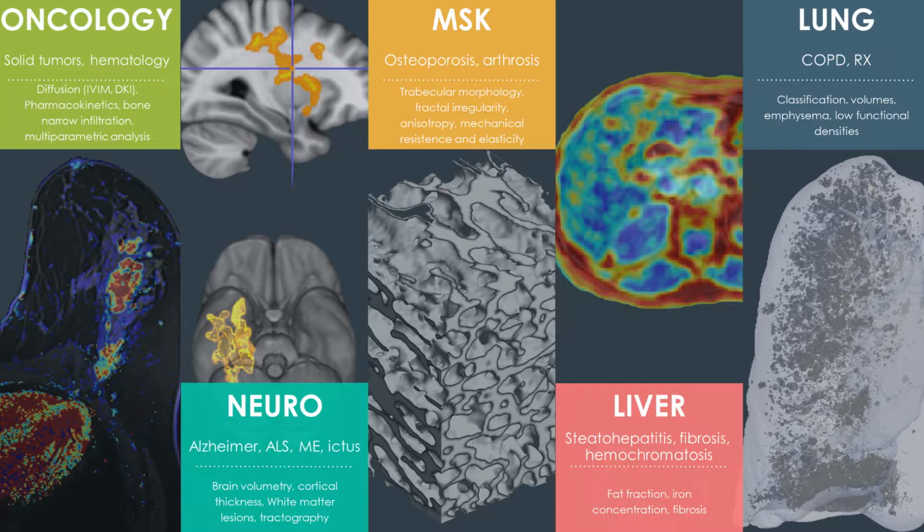Or for example, we can quantify the morphological and the mechanical characteristics using a computed tomography image to assess an osteoporotic process. So depending on the goal, the disease we want to treat, we apply different analysis methods, and we use different images, going from magnetic resonance, computed tomography, X-rays.